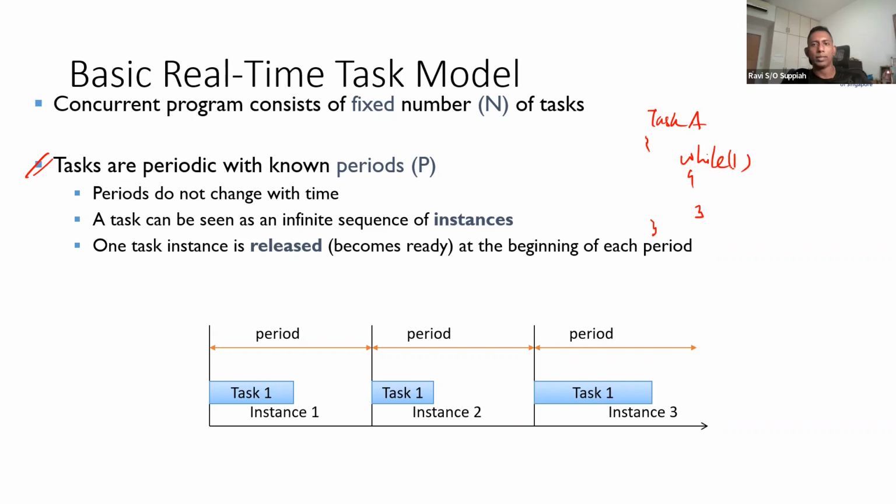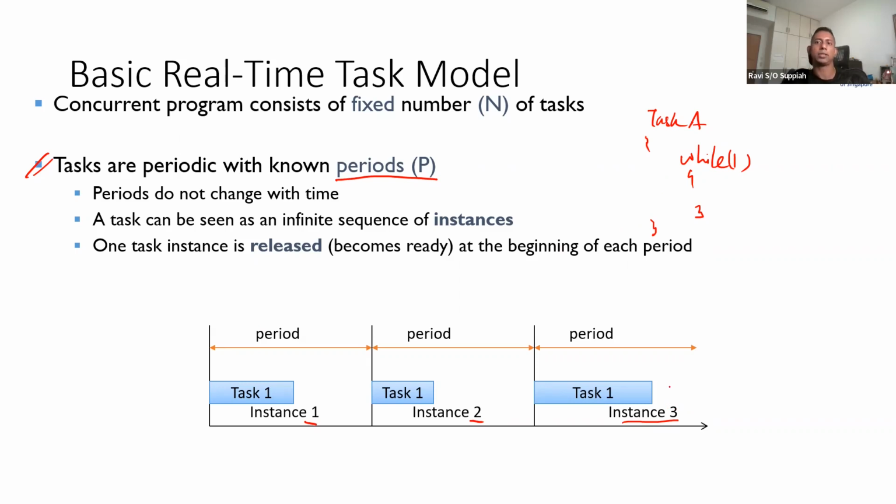With that understanding, we say that there is a periodic nature of tasks. That means every task will repeat itself at every periodic instance, and every time it repeats itself, it will run.